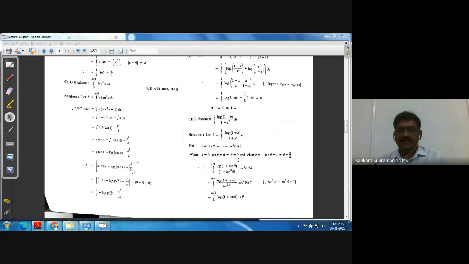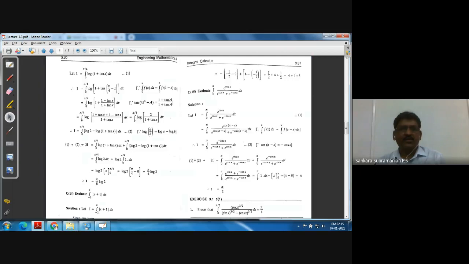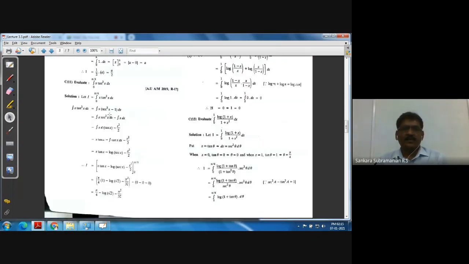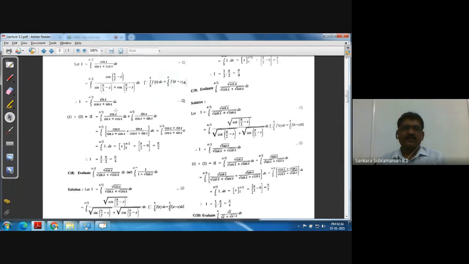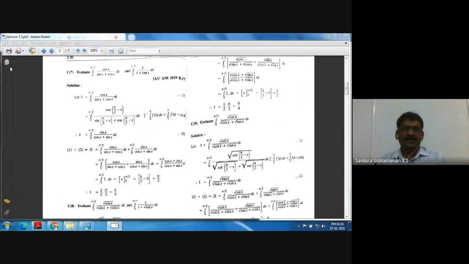But the problem is after here you have log of 1 + tan theta d theta. So for that you have to go for something called a recursive way, right? So please note this problem, and tomorrow we talk about the recursion.